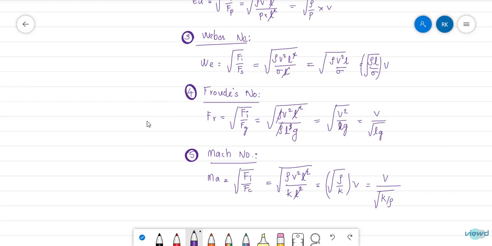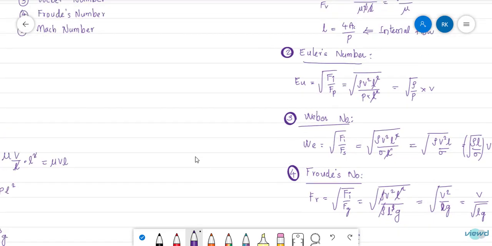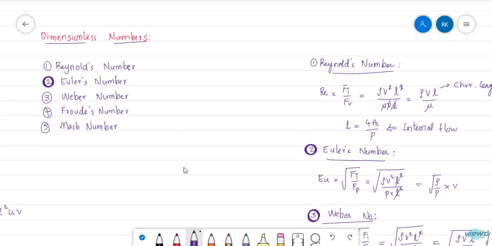So where to use which number? Now let us see. If in the question there is viscous force dominating, then we use Reynolds number.